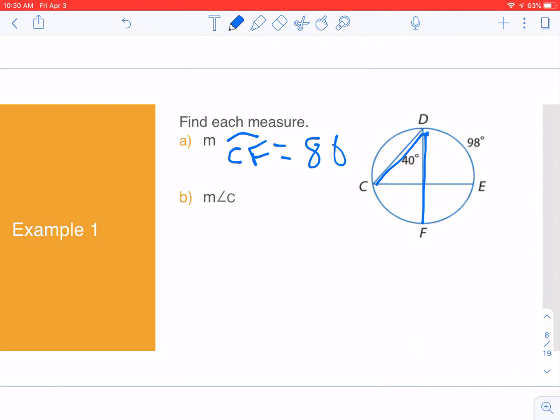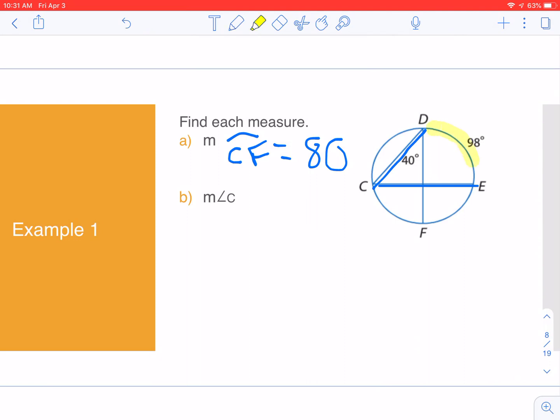Okay, now it says find angle C. What I'm going to do is outline angle C. Well, I got a straight line there. Need a little more practice here. I need to find angle C, and then I look at the arc that it corresponds to.